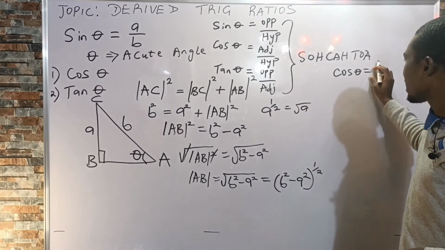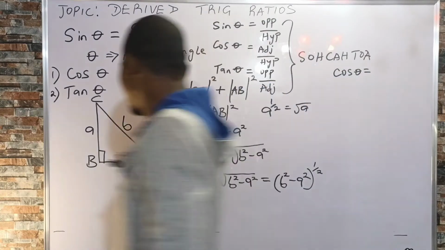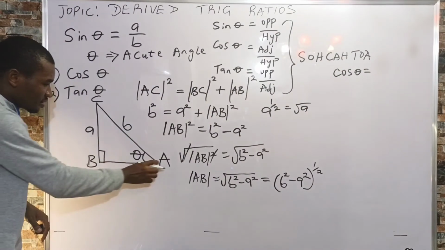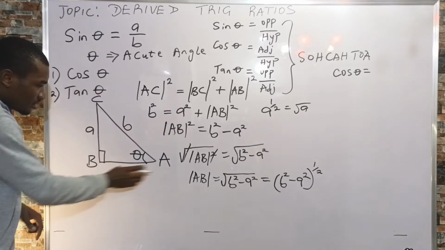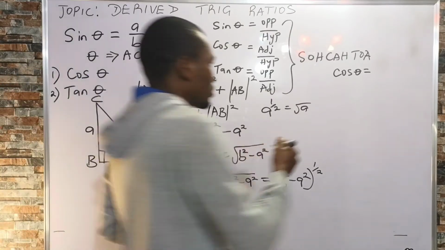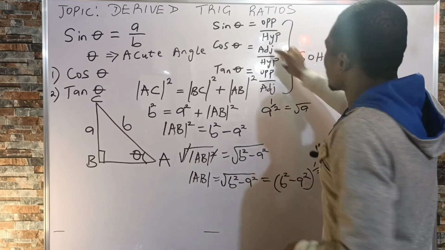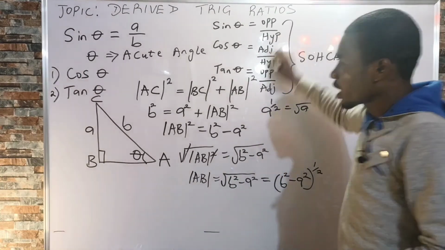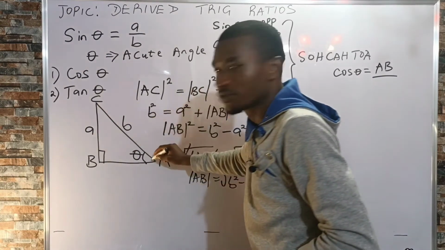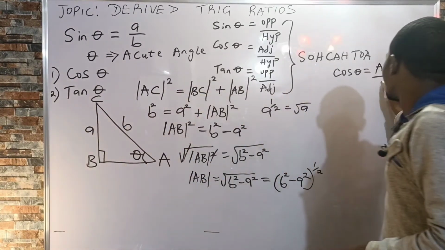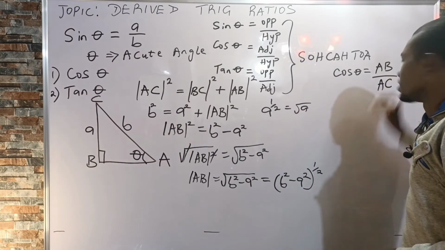Coming back to this given right angle triangle, the adjacent is the side AB, so we put AB all over the hypotenuse. Our hypotenuse is the longest side of this triangle, which is our side AC. So we also put side AC.